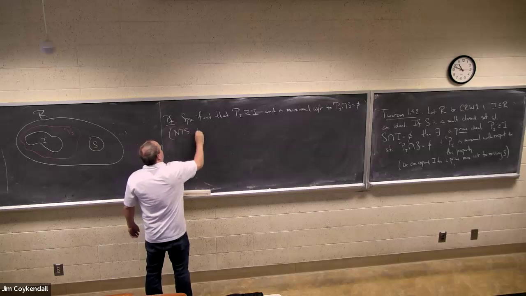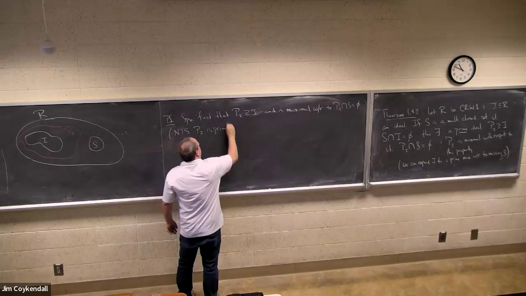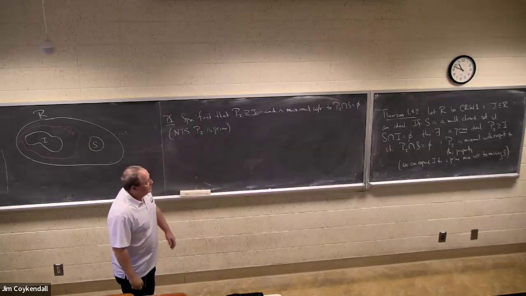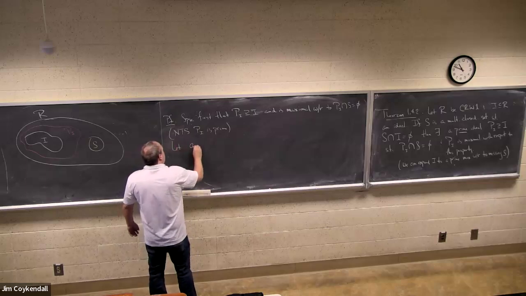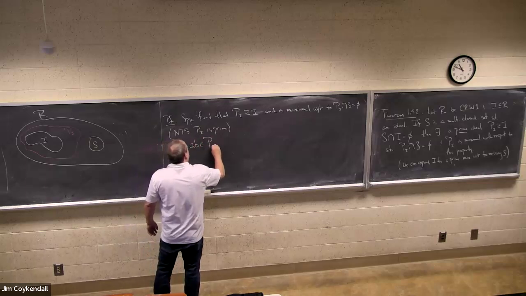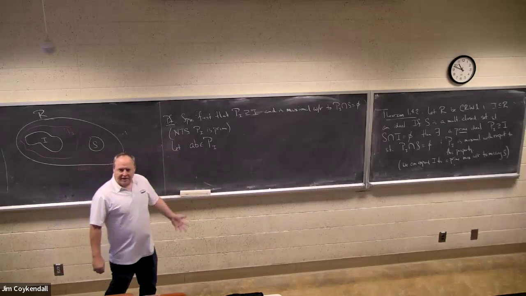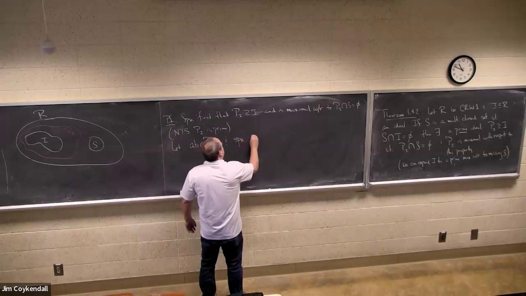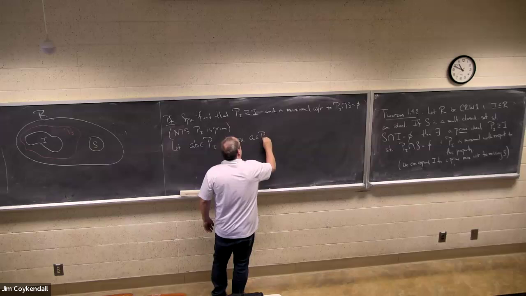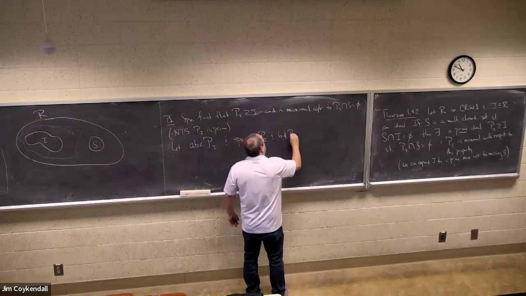Need to show P_I is prime. So, yeah, be clear that that's what we're doing here. So let's let A, B be in P_I. By way of contradiction, let's suppose A is not in P_I and B is not in P_I.